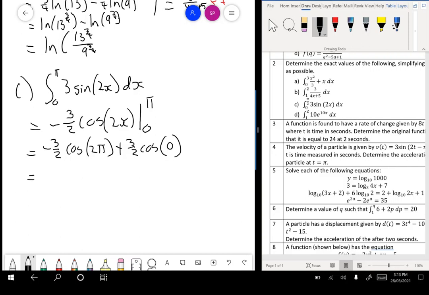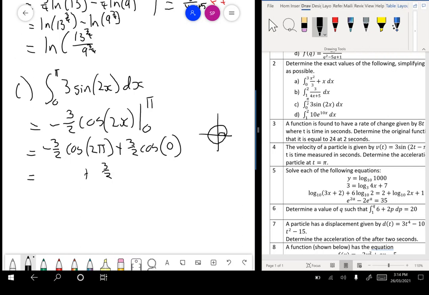Okay, cos, if you look at your unit circle, cos measures the x-coordinate, so how far along you are. So at an angle of 0, cos is actually 1. It's as big as it can be. So cos of 0 becomes 1, so 3/2 times 1 is 3/2. Cos of 2 pi is just a full revolution, so cos back here is, once again, 1.